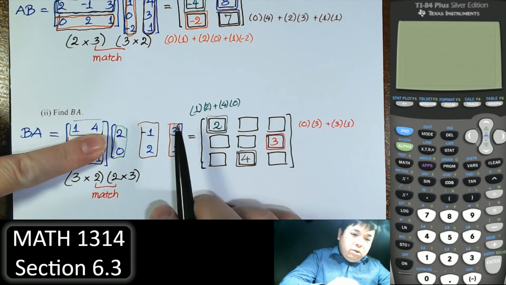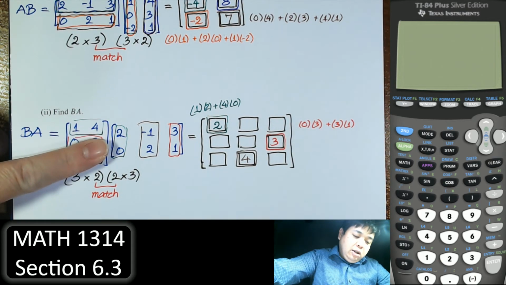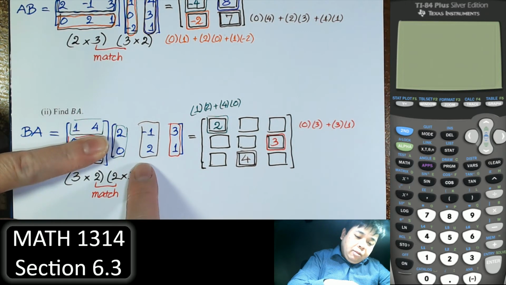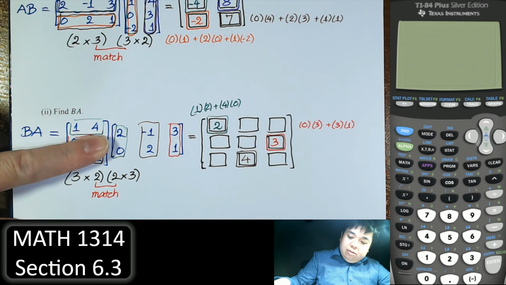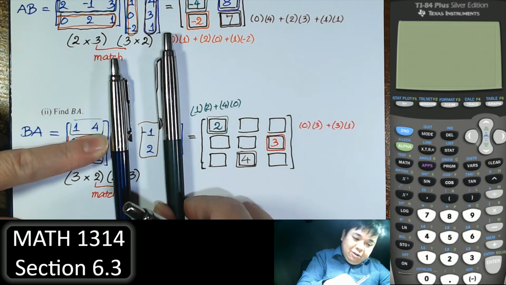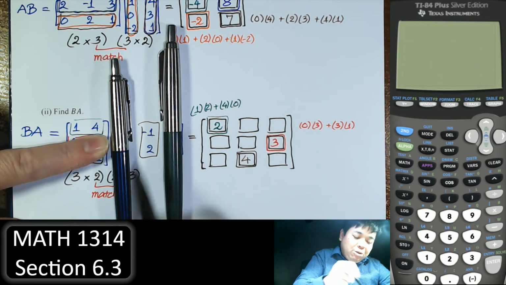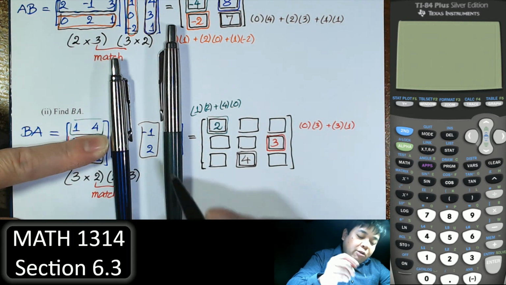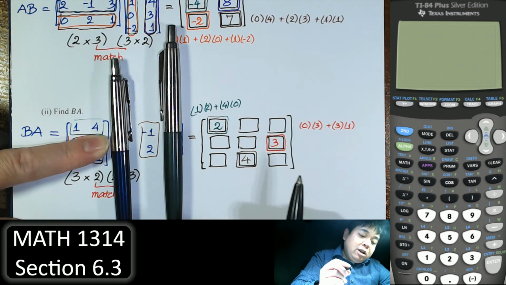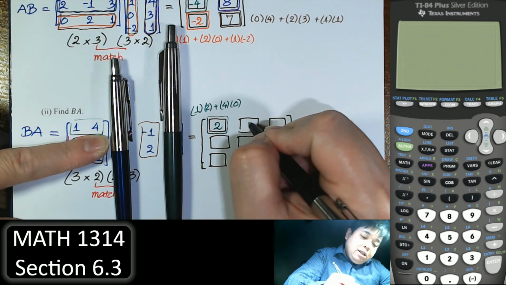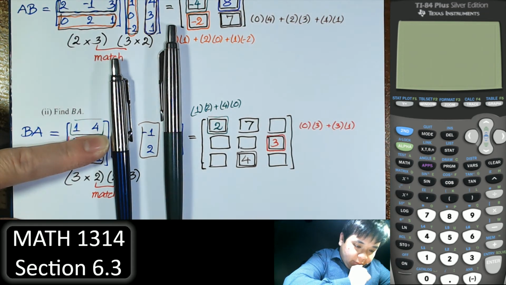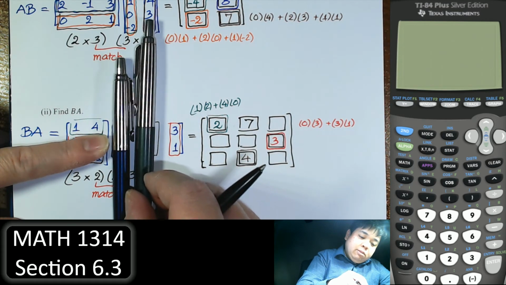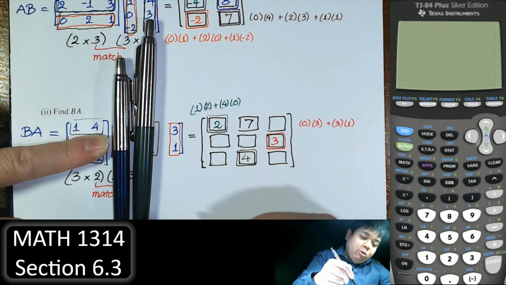This one, first row, second column: 1 times -1 is -1, 4 times 2 is 8, -1 plus 8. This one, first row, third column: 1 times 3 is 3, 4 times 1 is 4.